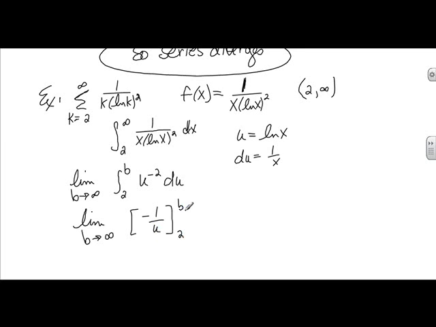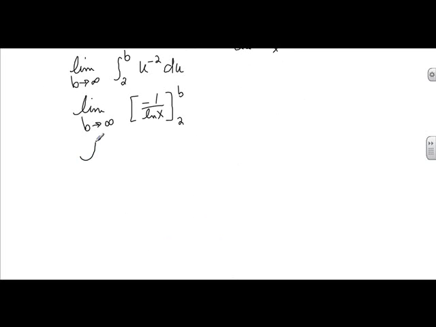So we're looking at the limit as b approaches infinity of minus 1 over natural log b minus, minus 1 over 2. Now 1 over natural log b is going to go to 0. So we're looking at a limit that has a value of 1/2. So the limit converges, and the series converges.